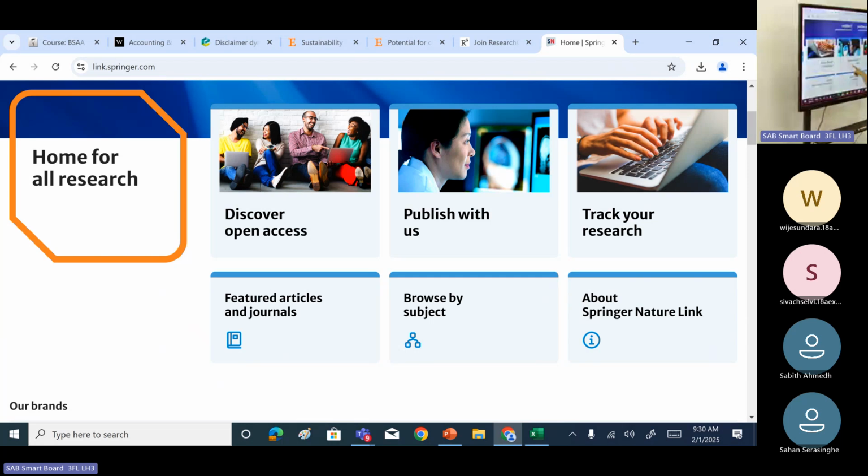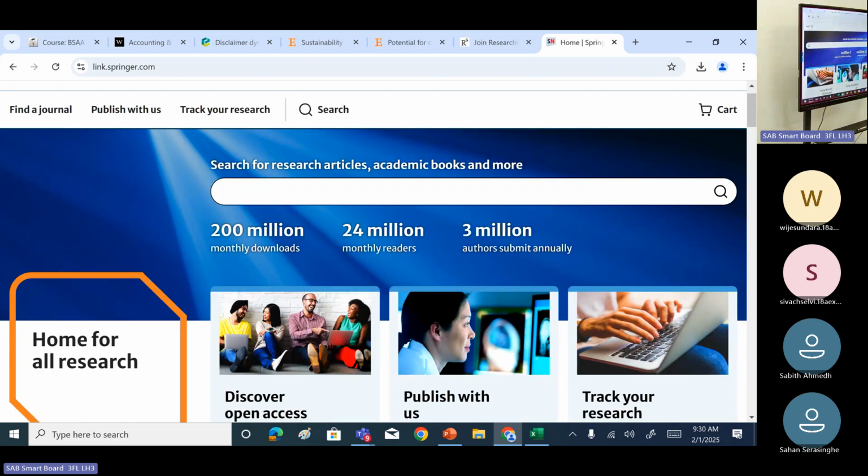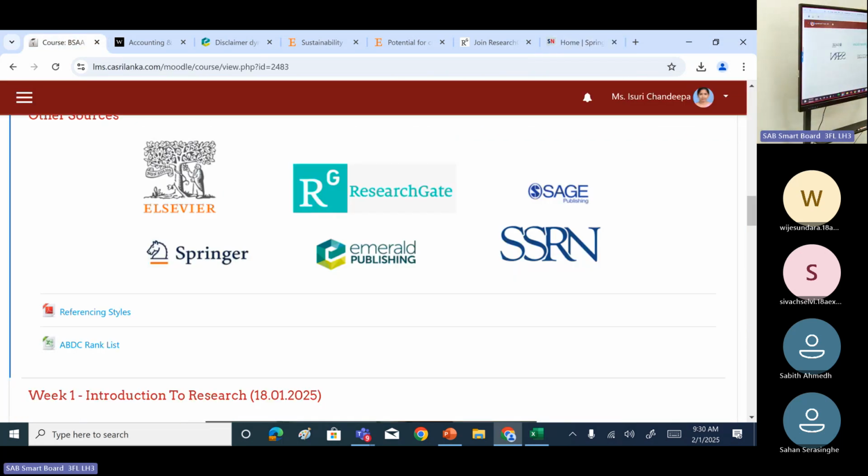You can search here also. Right. This is the icon.